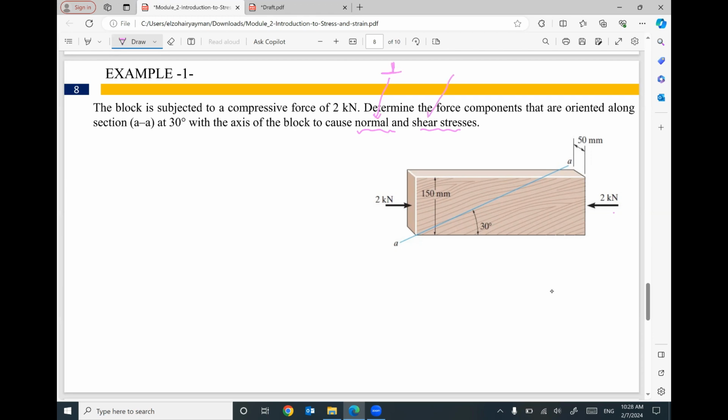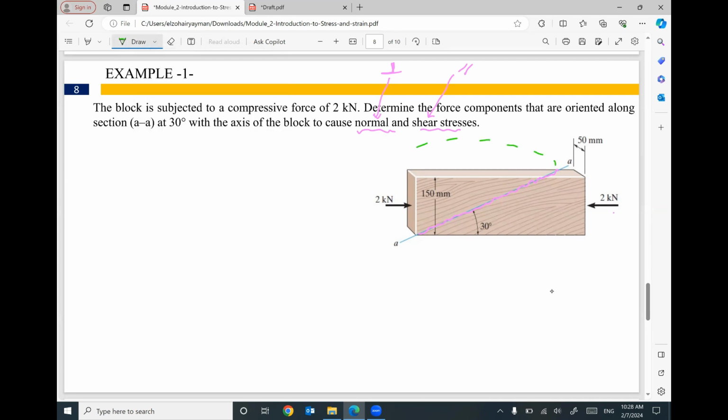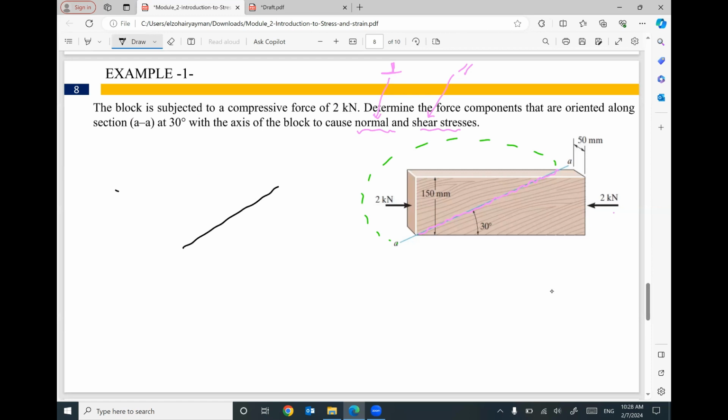Shear stress is parallel to the cross section. Your cross section is something like this. So I need to figure out which force is perpendicular to this cross section and which force is parallel to this cross section. So I will make a cut at AA, and I will use this part after the cut. So here is the section, here is the part I am using.